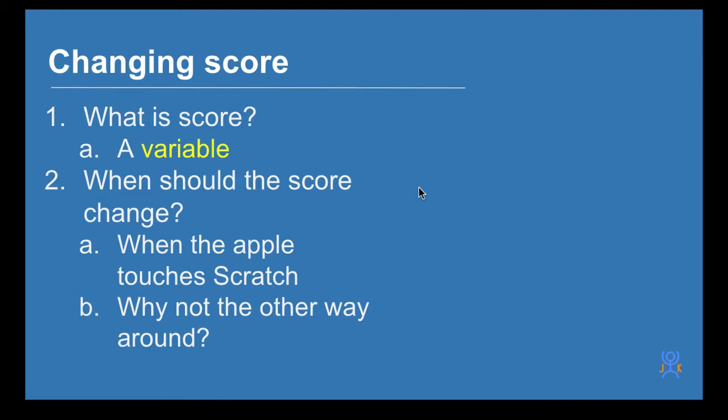So the apple knows there's only one Scratch, and when it touches Scratch, it's going to change the score. If it was the other way around, Scratch wouldn't know how many apples there were. It wouldn't know what was on the stage. And it's just much simpler this way around.